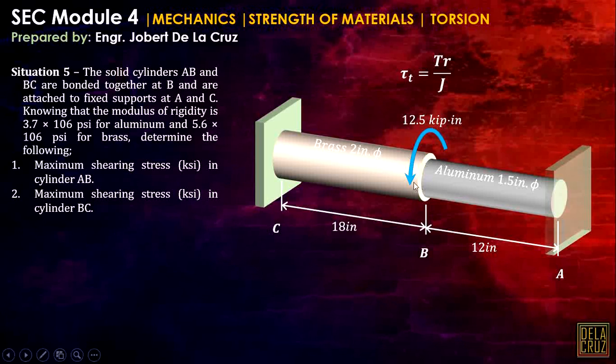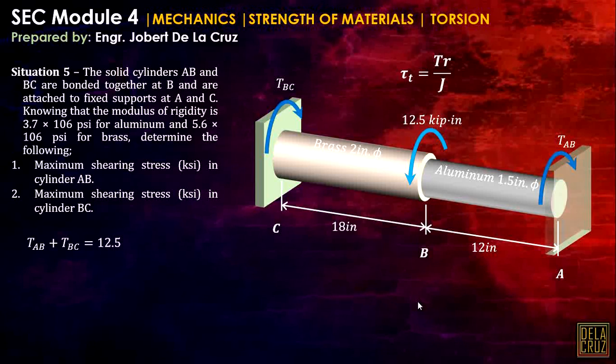This external torsional moment will be distributed to our members, but how can we distribute that? Let me call this torsion at BC, and this one torsion at member AB. By the equilibrium equation, torsion AB plus torsion BC should equal 12.5 kips-inch.